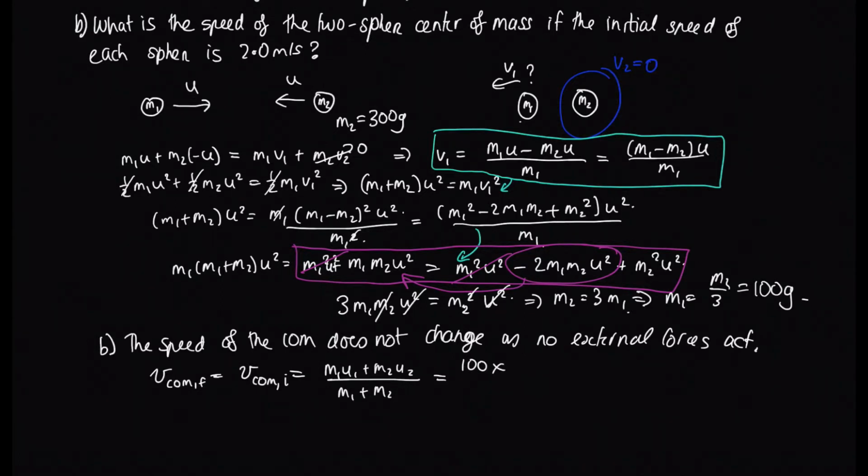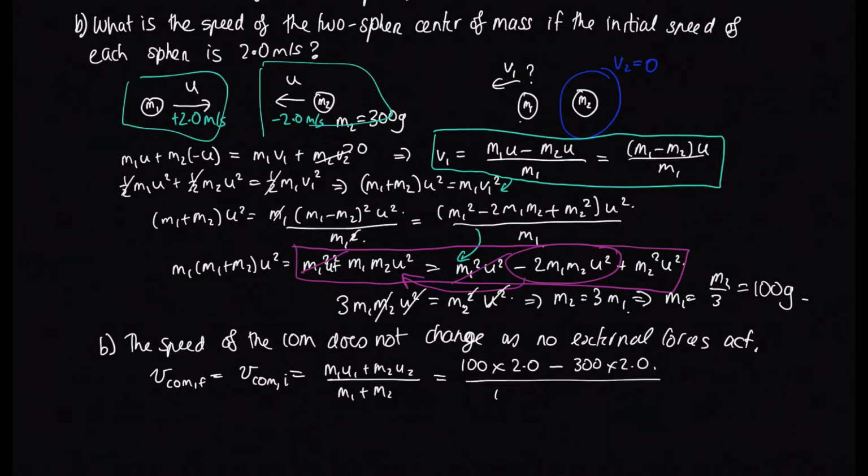Now the initial speed we're told is 2 meters per second, but remember they're going in opposite directions. So this one will be plus 2 meters per second, and this one here will be minus 2 meters per second. So let's substitute that in here. So that's times 2, and then we'll have minus 300 times 2, and then that's over 100 plus 200.